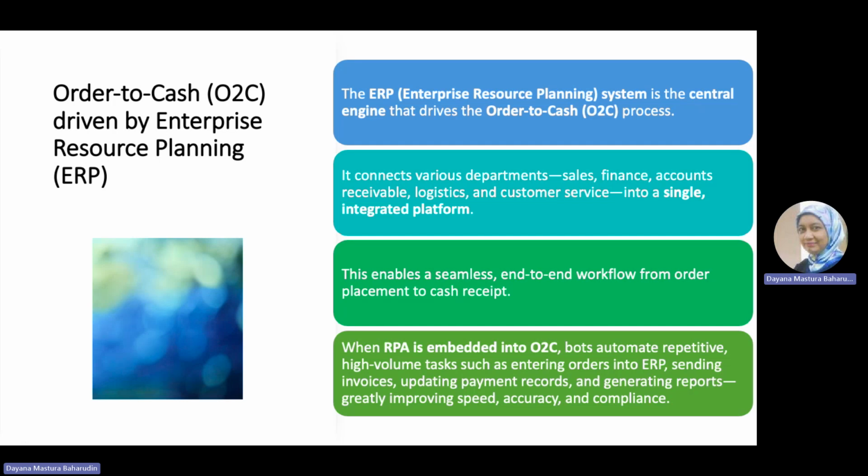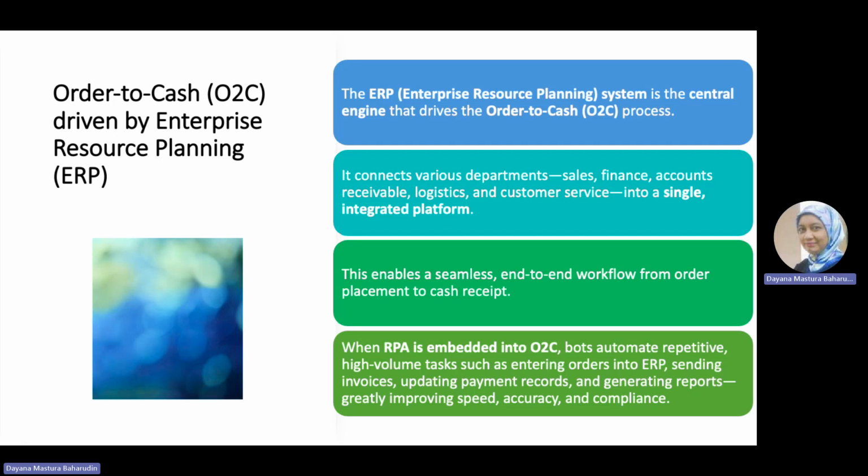Okay. So actually, for small companies, you can perform the order to cash functions manually. But with the latest situation, you've got to perform it using ERP. Okay, so we have here the ERP.